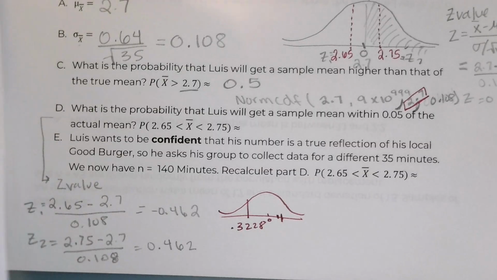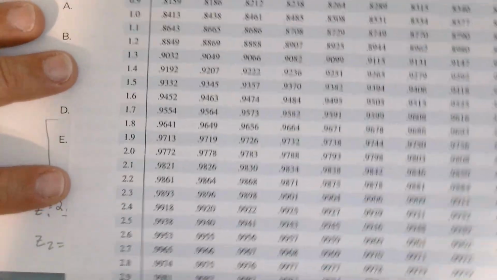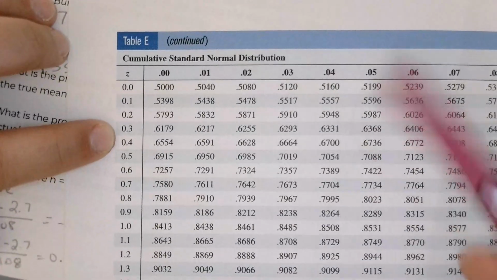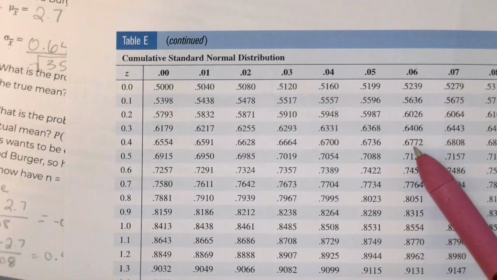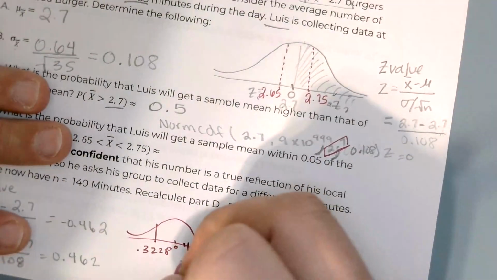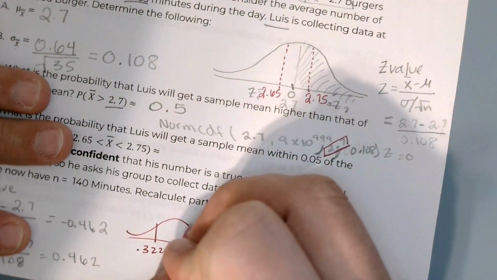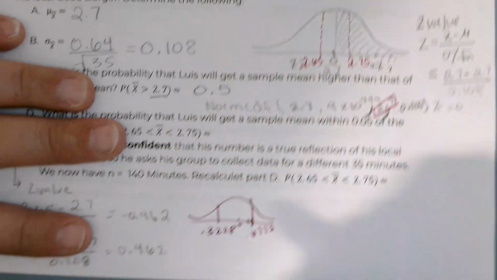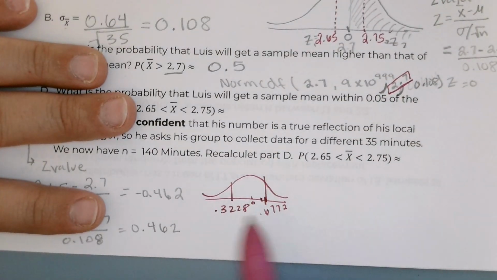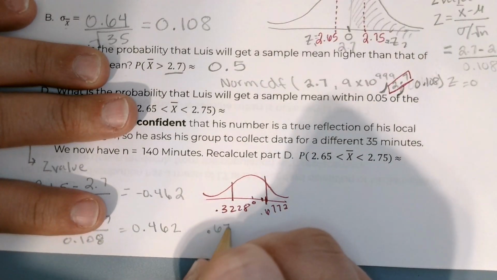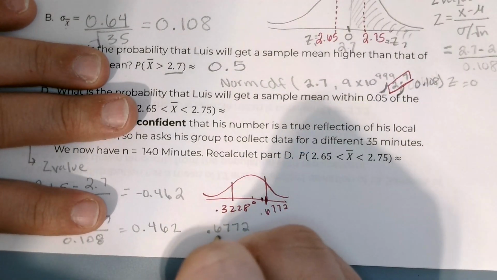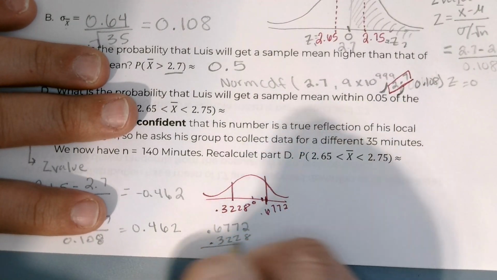I'm looking for the positive 0.46, so I'm going to go to the other table. Okay, 0.46 here gives us an area of 0.6772. 0.6772, and again, that's the area below the line that I'm drawing. So now if I subtract these two numbers, I can get the area without using any technology.